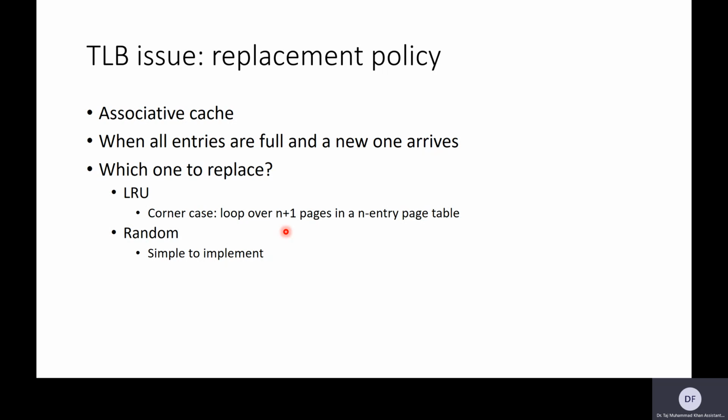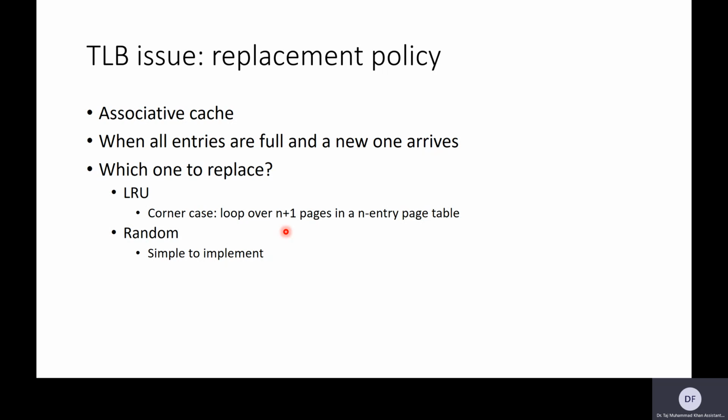For that, you will bring in the mapping for the first page again, and you will replace the least recently used, which will be page number 2. So you overwrite page number 2 with the page number 1 entry, and then the loop accesses page number 2, which has just been overwritten, and it again results in a miss.